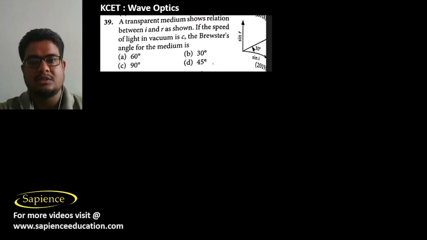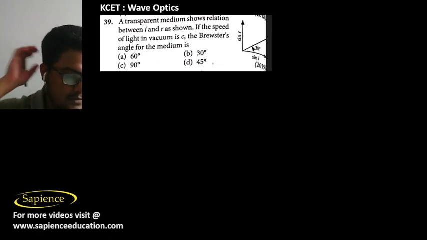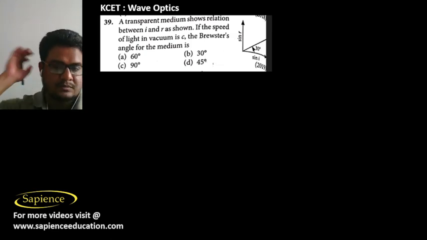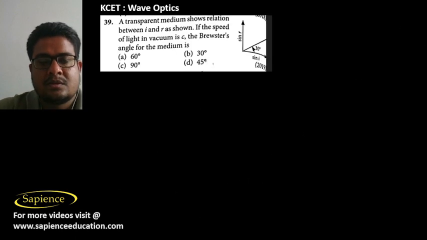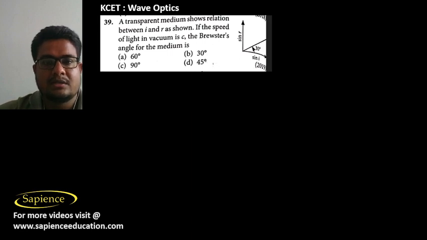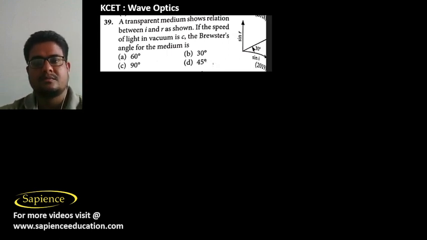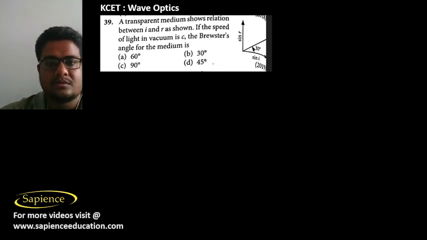In question number 39, it is told that a transparent medium shows relation between I and R as shown. If the speed of light in vacuum is c, the Brewster angle for the medium is.